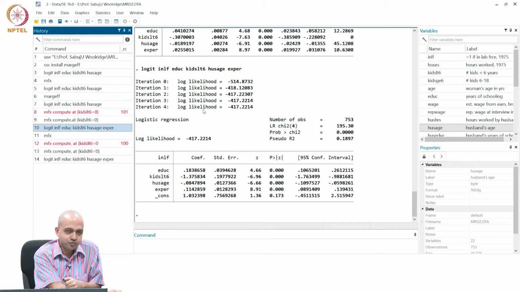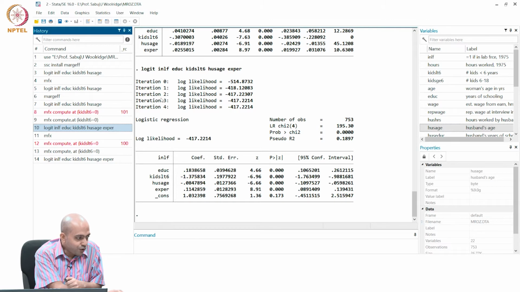And what is iteration 4? You have included all your explanatory variables in the model. Similarly, iteration 1 means 1 explanatory variable, 2 means 2 explanatory variables, and so on. So, this is your initial log likelihood value, and this is the final log likelihood value reported here, minus 417.2214.